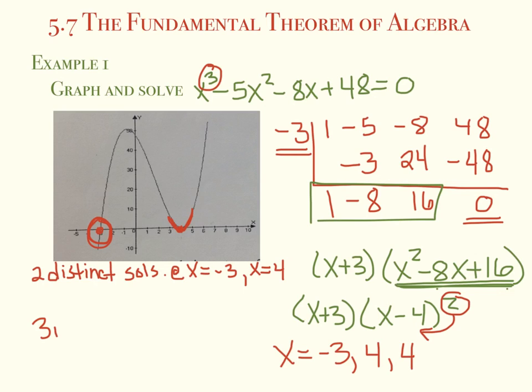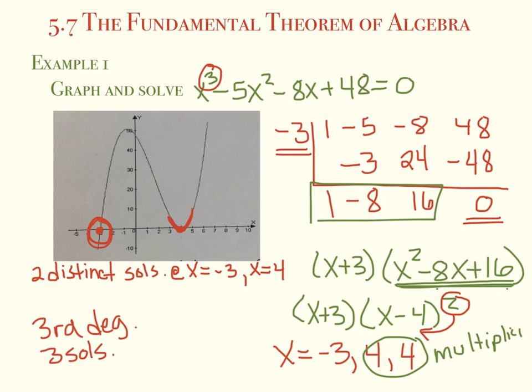So third degree, 3 solutions. One of those is repeated. The one that's repeated we say has a multiplicity of 2, because it's in there twice.